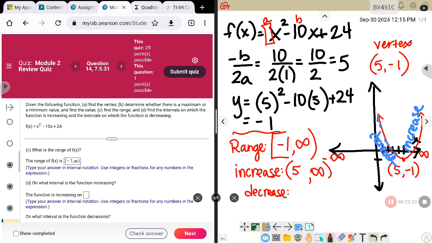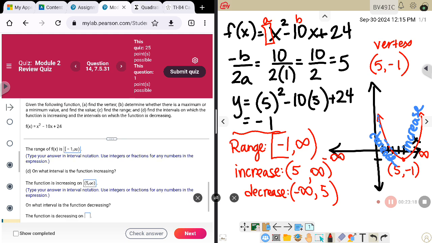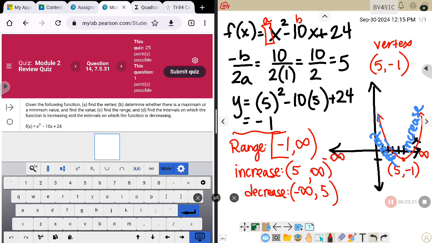The decrease side is the left side of the parabola, and it starts all the way on the left side of the graph at -infinity until it reaches +5. So the increase was from 5 to infinity, and the decrease was -infinity to 5.